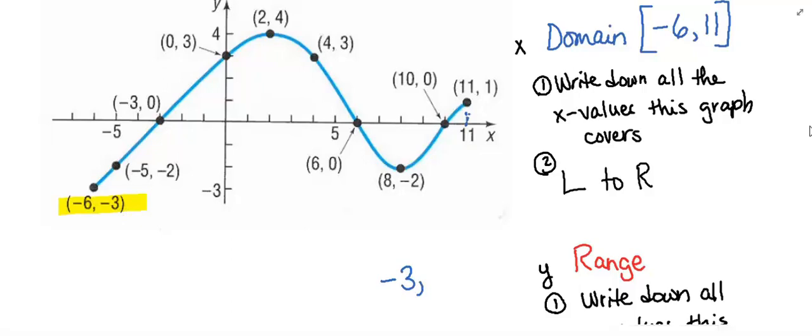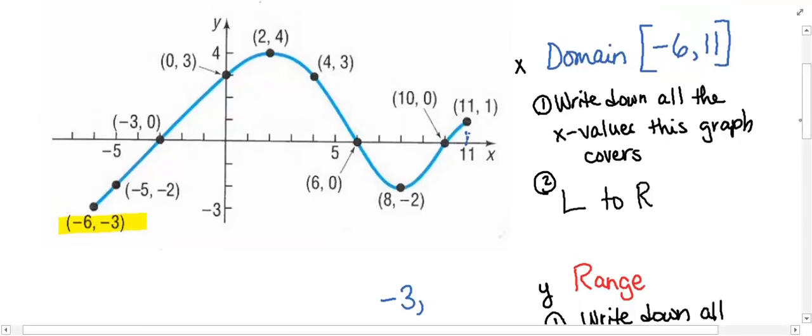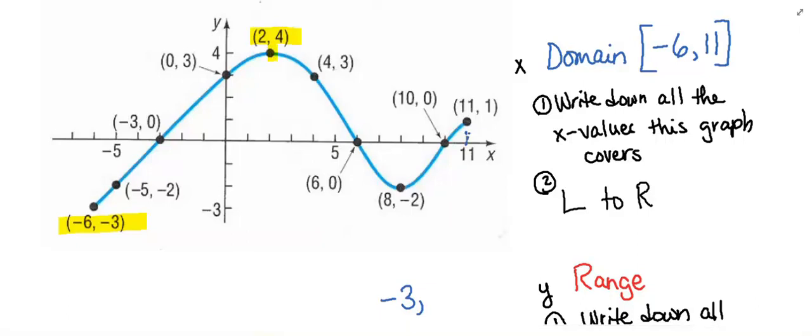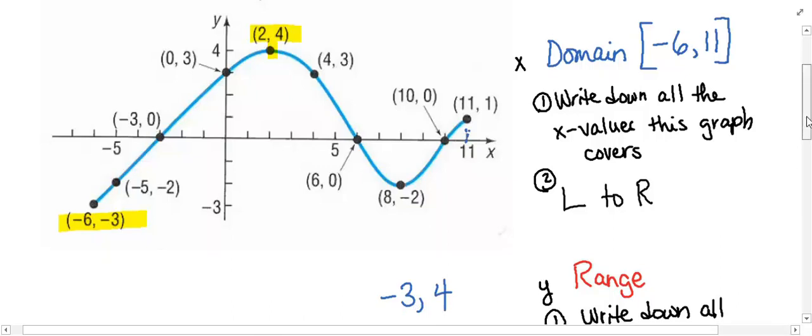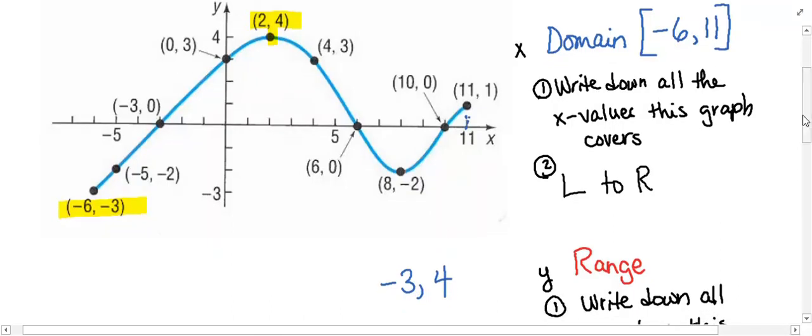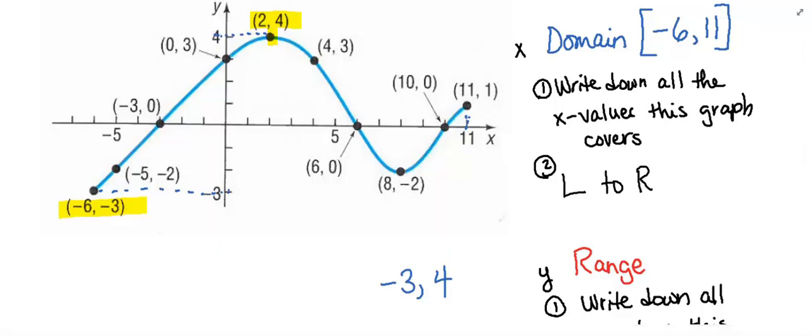Then I have to travel up to the high point. Here is the highest point on the curve. It has coordinates (2, 4). You write down the y value, which is 4. So that's it: this blue curve exists between y equals -3 and y equals 4.